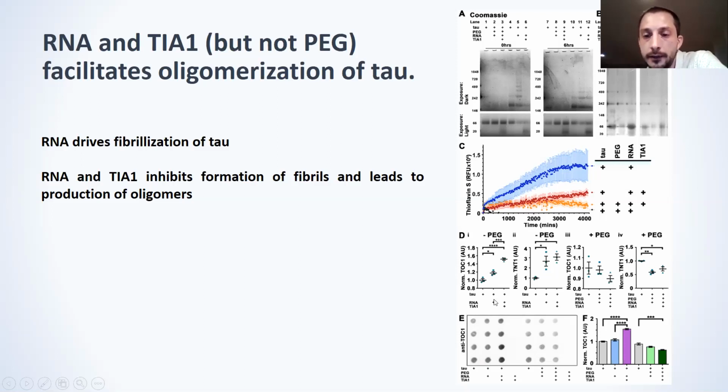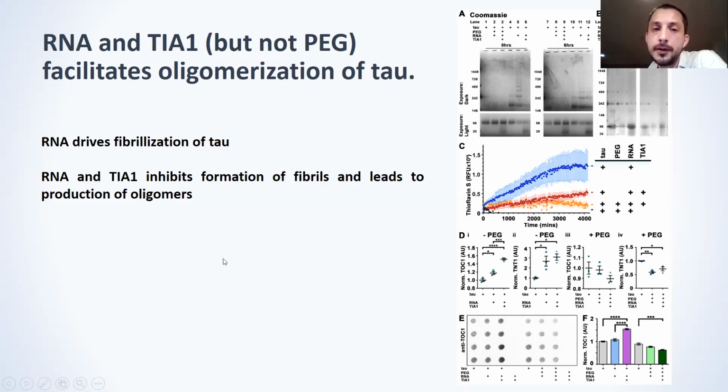So these are fibrillized in the presence of RNA, but then oligomerized in the presence of RNA and TIA, and you get much more oligomers. And if you add polyethylene glycol, under no conditions do you ever get oligomerization of the tau. So this doesn't appear to be a very physiological aspect.